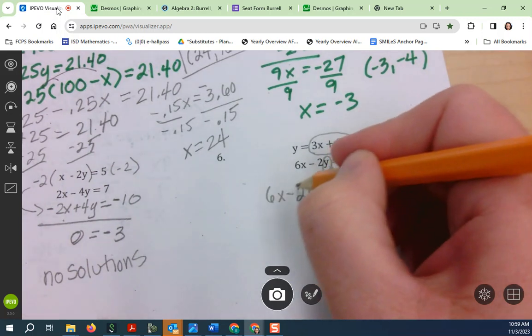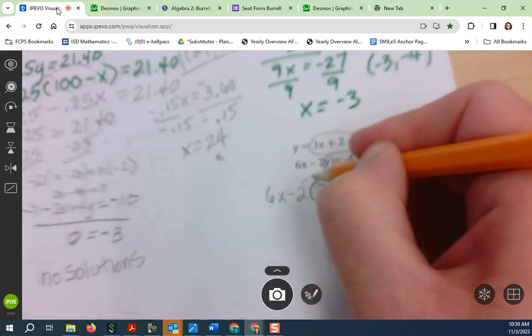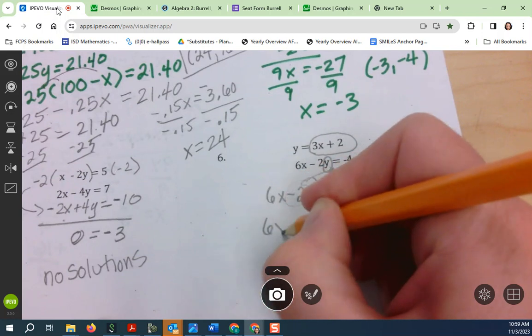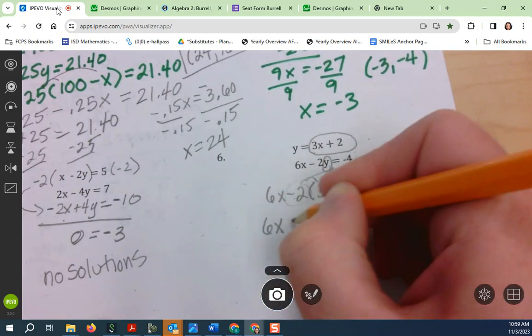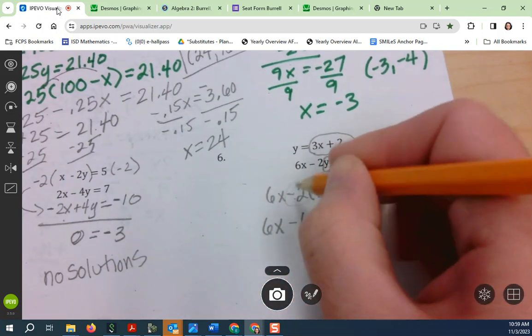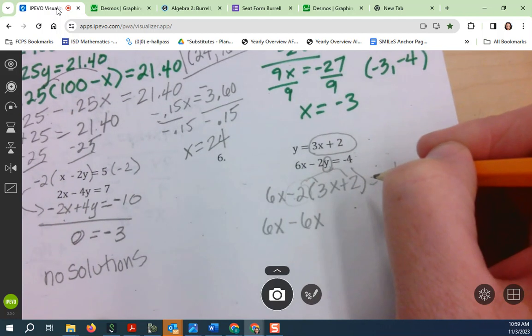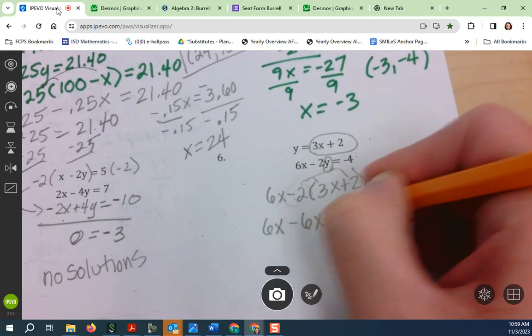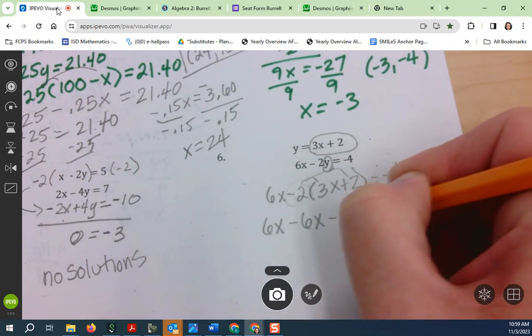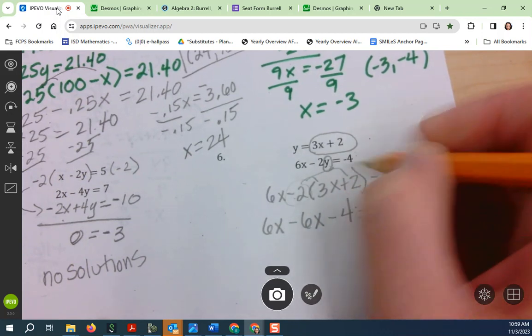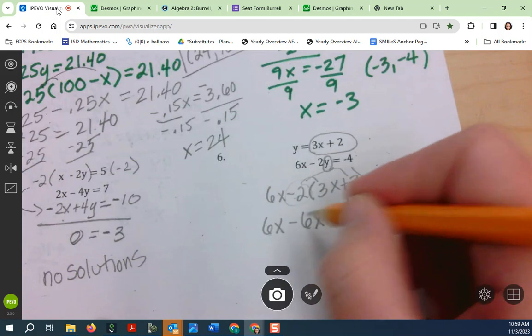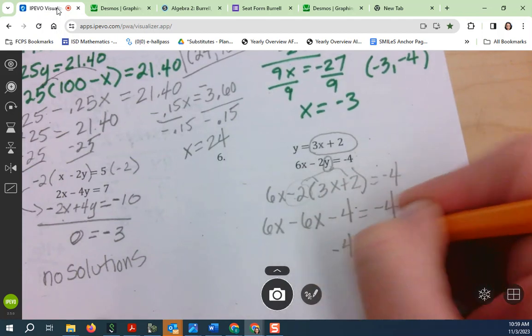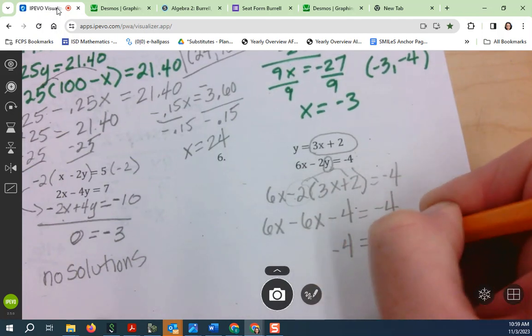And then I'll distribute this -2. Bring down the 6x. -2 times 3x is -6x. -2 times 2 is -4 and equals -4. So 6x minus 6x cancels. I get -4 equals -4.